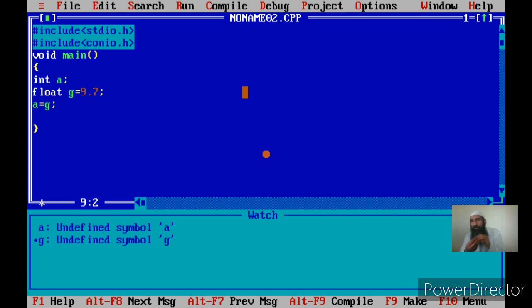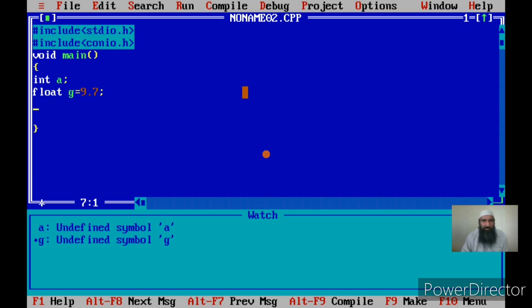Now in case you assign the value of an integer variable to a float or double, no problem. But once you assign a decimal value, or a value stored in a float or double, into the integer variable, it's a problem. I think I have discussed it now and it should be clear.